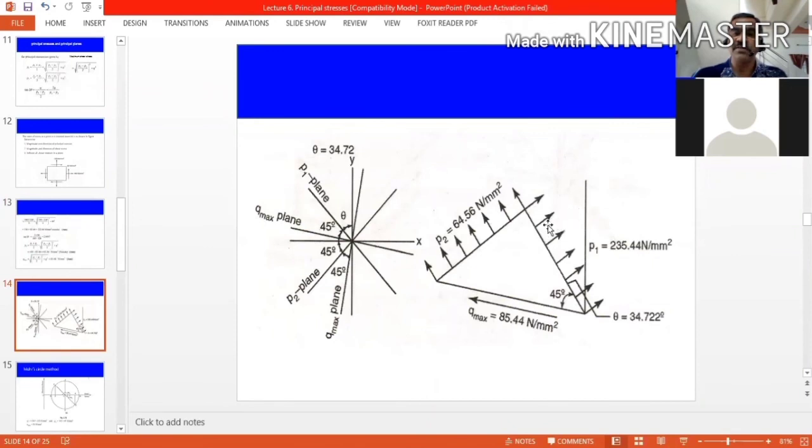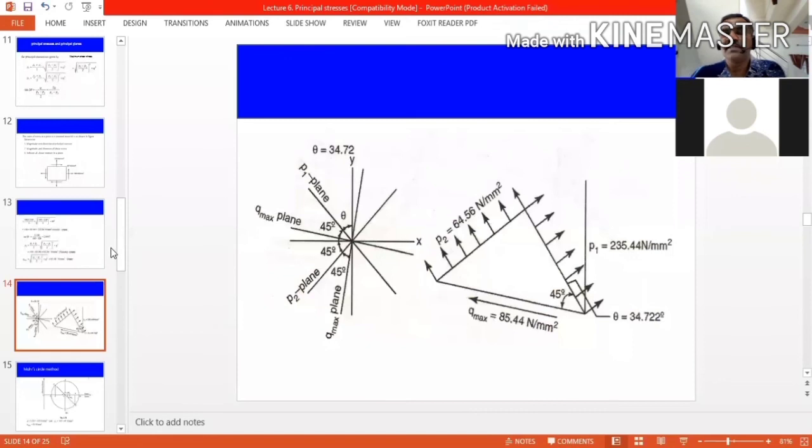If it is compressive, you put it toward the surface. Then P2. P2 is also tensile, it is 65, away from the surface. The inclination is theta plus 90, so you draw like this. The shear plane is theta plus 45. Then you draw like this. That is Q max. So this is the way you have to solve this problem.